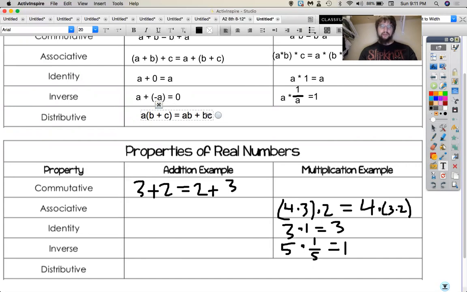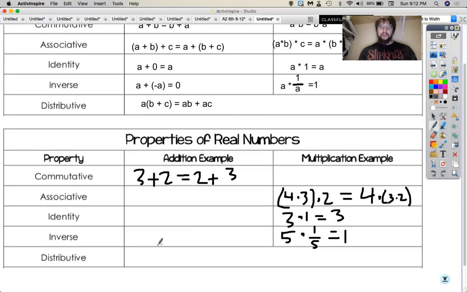Oops, sorry, AC. So A times B, A times C. We just distribute it to everybody in there. You'd be more familiar with it like this. If we distribute that 3, that's equal to 3x plus 3 times 2, which is 6, of course.